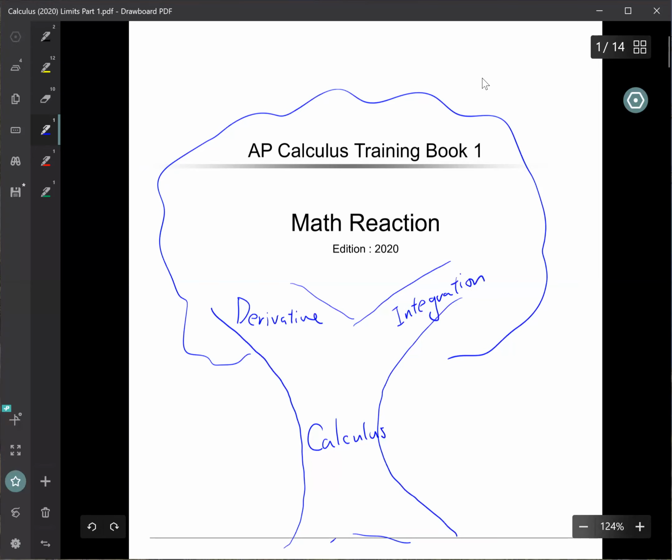For integration, you need to learn derivative first and then think about integration later because they are connected together. So in the middle, we have something called the fundamental theorem of calculus. It connects both sides of the branch. So if you don't understand derivative, there's no way you can do integration.